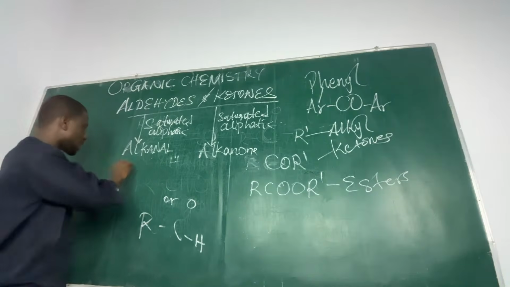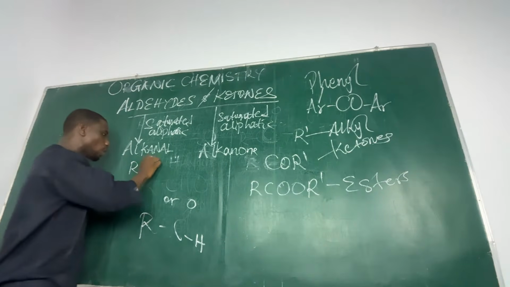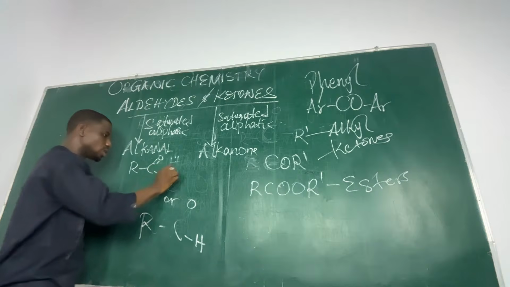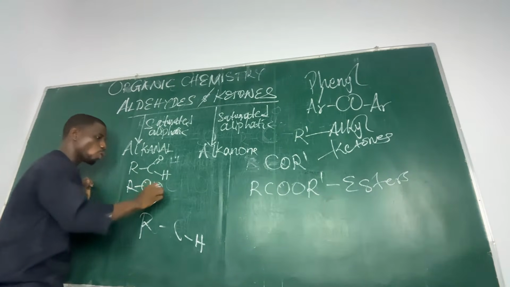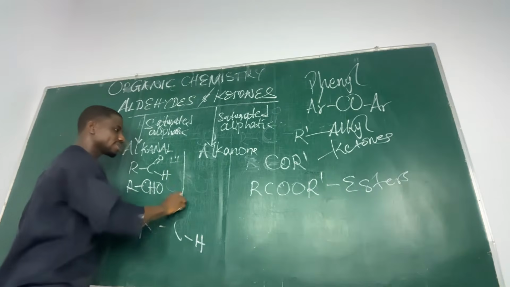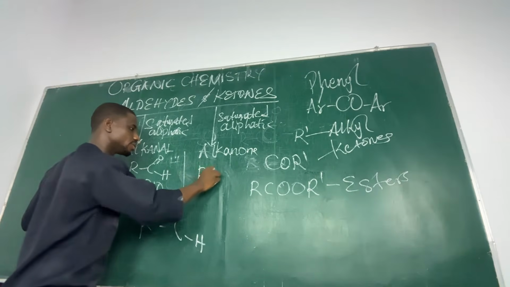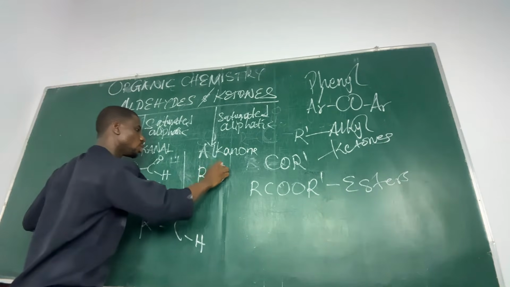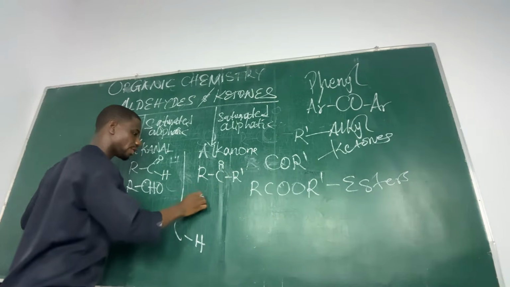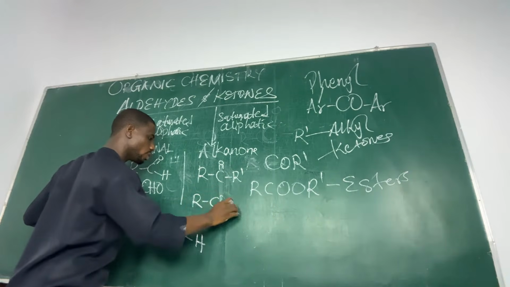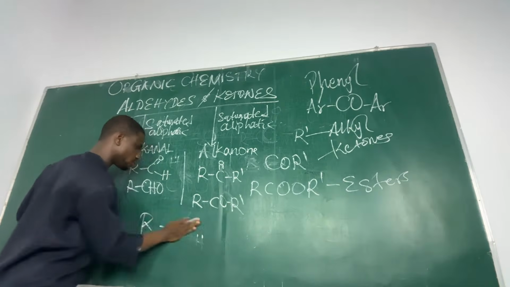This one has the formula RC double bond O with hydrogen, also written as RCHO. While this one has RCOR prime, anyhow you want to say it.